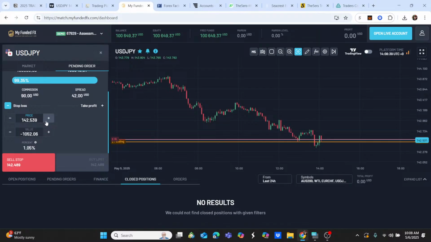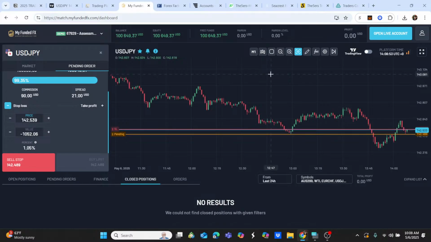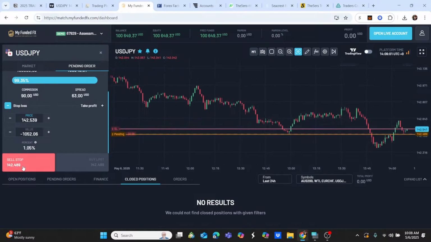That's the most I can risk on this trade. So I'm looking at my phone to see if it re-breaks. This is a 1 minute. Okay, it didn't. So stop.